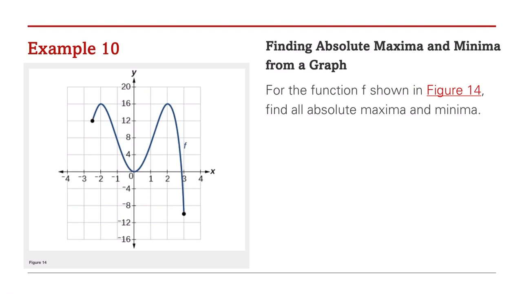Okay. So for this function shown in figure 14, find all absolute max and min, right? So the absolute max, if we consider the endpoints as well, wait a minute. Yeah, right? So I think these have the same y value. So those are larger than all the other y values.